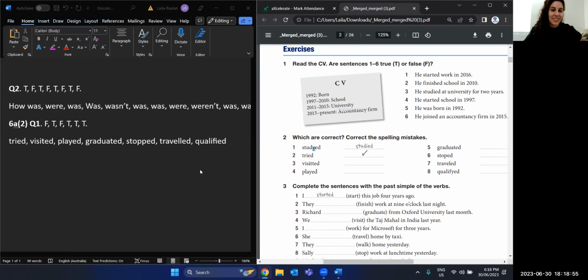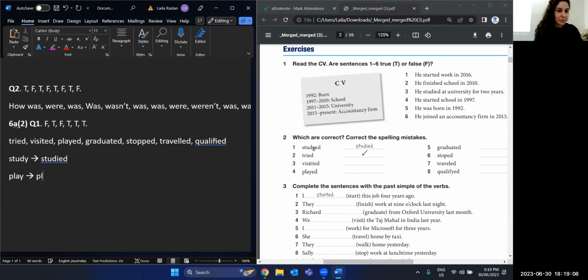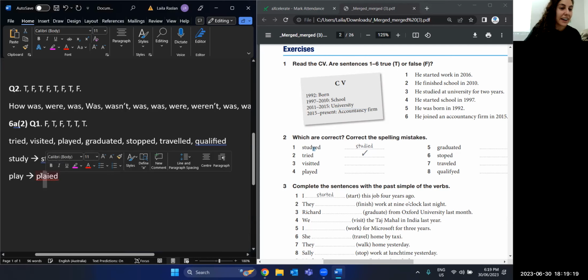Because it ends in a Y, like study is studied. And play ends in a Y. So why not played? Because there's a vowel. So it's going to be like 3 vowels here. So you can't do that. That's why they keep the Y.